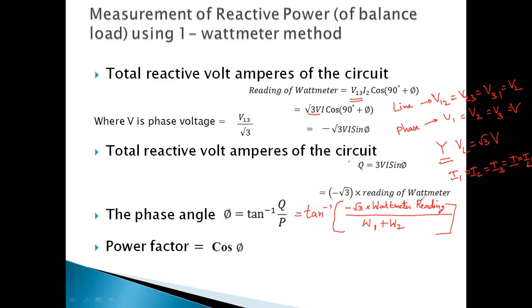And thus with this expression I can easily get the value of phi, and if I do cos phi, I'll get the power factor. Hence simply by using only one wattmeter and connecting the circuits as shown in the earlier slides, we can calculate the power factor of the load. Of course, a balanced three-phase load.